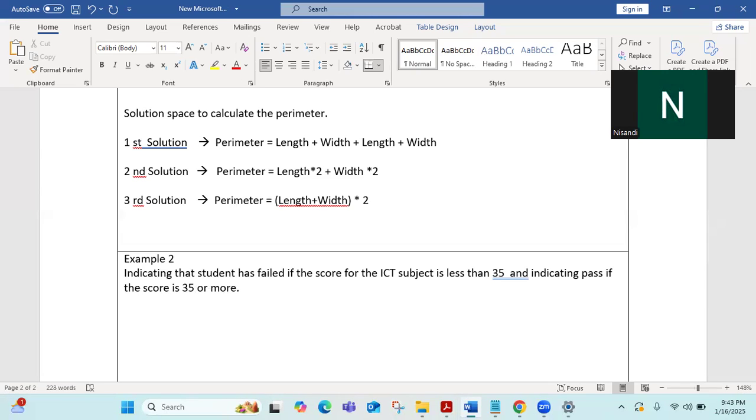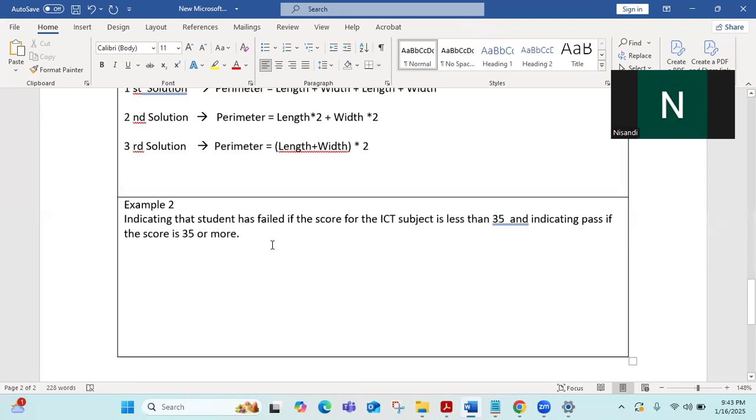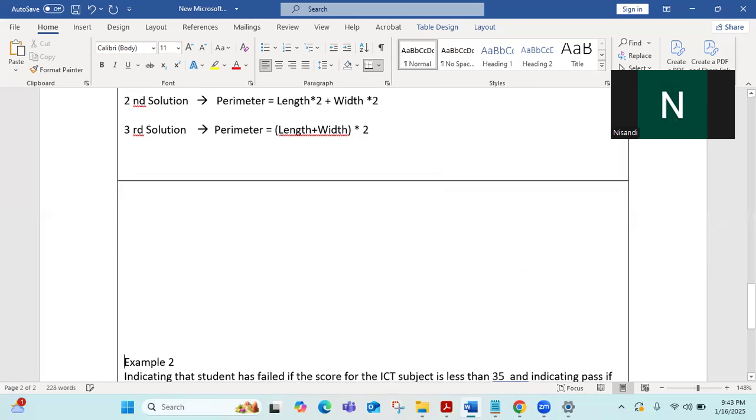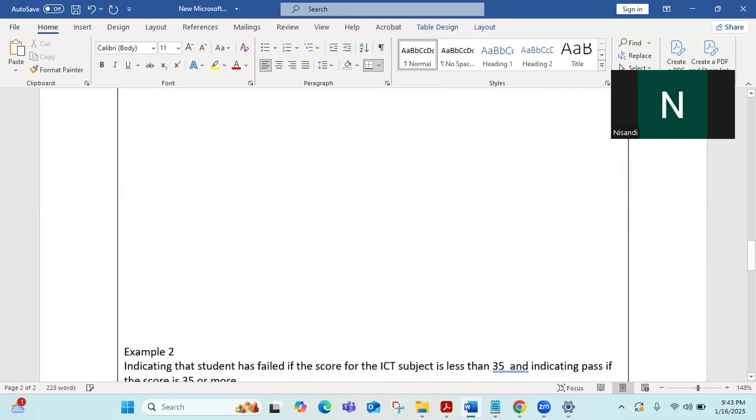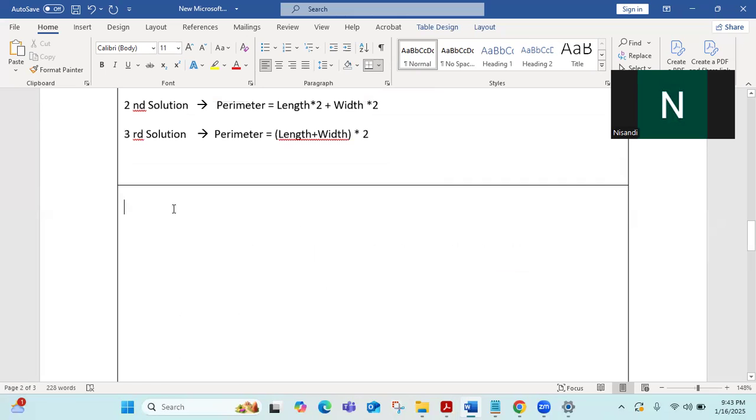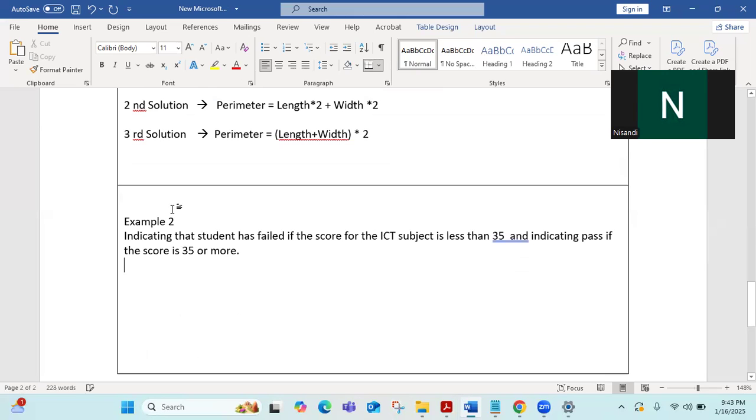Okay, right. Then how can we have two different alternative solutions here? For this problem, what is the input? Marks. Yes, marks. Now the process. What are we going to do in the process?